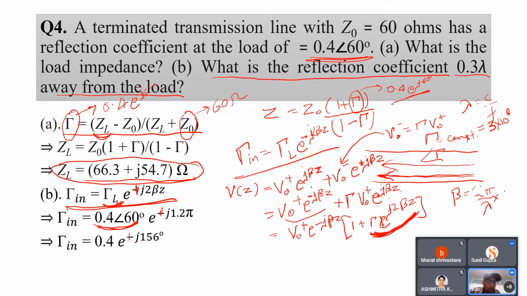Here z is equal to 0.3 lambda. If the length has been given as, suppose, 2 meters or 3 meters, then you have to calculate lambda by this method. But here, as the L value is given as 0.3 lambda, it will cancel directly and you can calculate the value of beta into L. So you have to directly put this value here, and you can find the value of gamma at this distance away from the load.